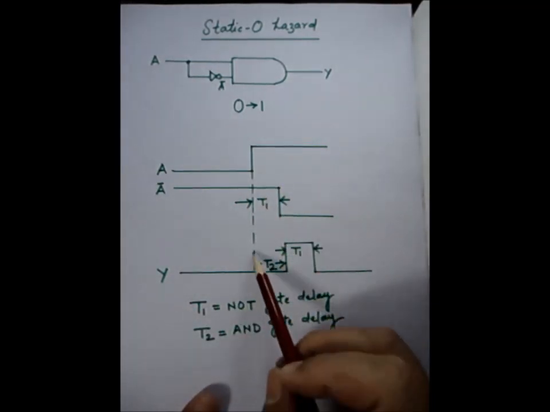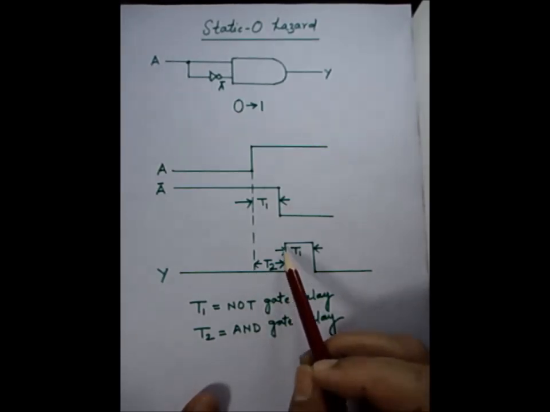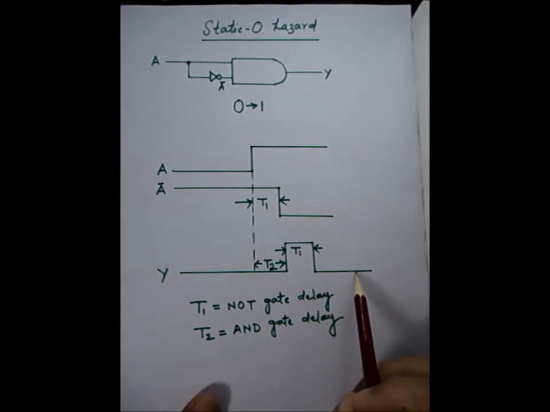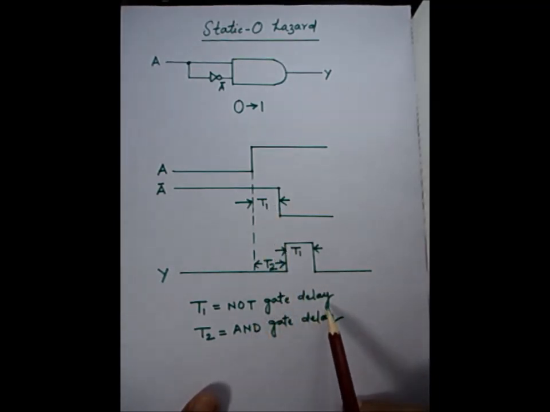It should have been reflected if there were no delay, but it is reflected after a period of time T2. Therefore, T1 is the NOT gate delay and T2 is the AND gate delay. And this is the static zero hazard.